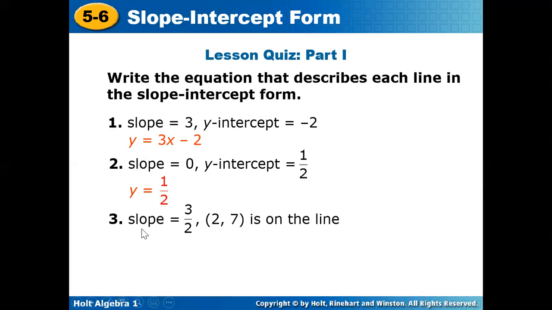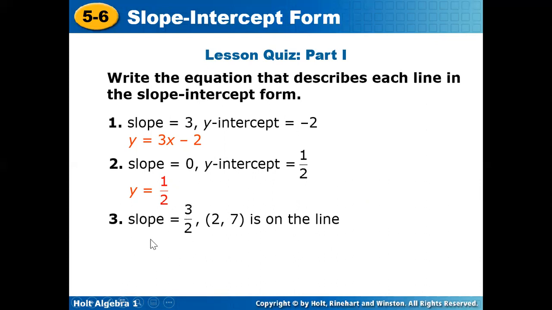And then now our slope is 3/2. Our pair of 2, 7 is on that line somewhere. So to solve this, you have to determine what the y-intercept is by plugging your slope into y equals mx plus b, y equals 3/2 x plus b, and then you're going to plug in 2 for your x coordinate and 7 for your y.